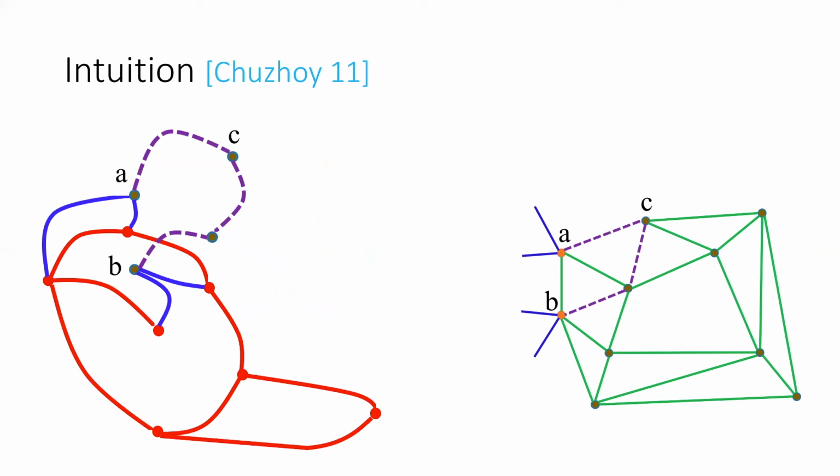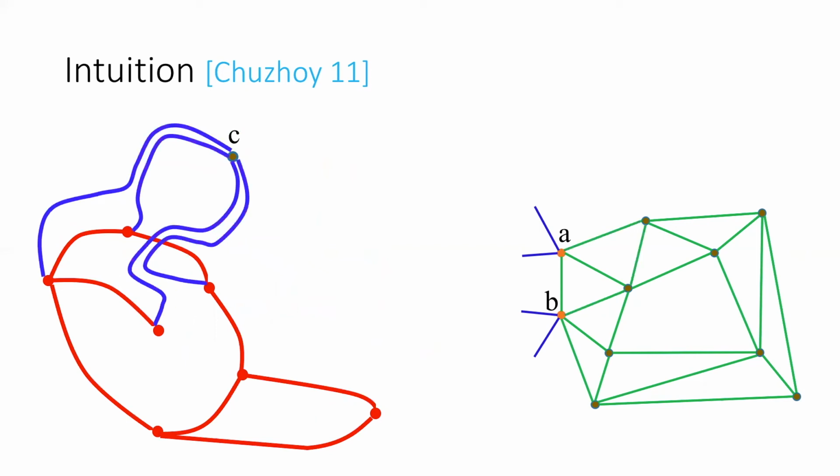And then we erase the green part from the drawing, and this is what remains. And we now redraw the edges of E double prime, namely the blue edges, by starting with their original curves and then extending them along the path that connects A, B to C, which is the path that we have just found. So eventually, they all end at C. And then we place a small disk around C, and then put the unique planar drawing of the green part, which is the drawing shown on the right, back into the disk.